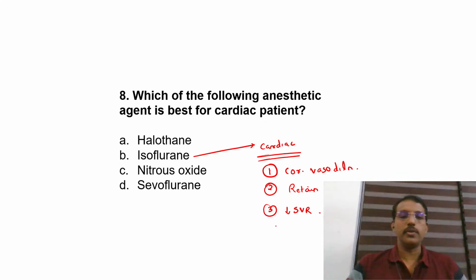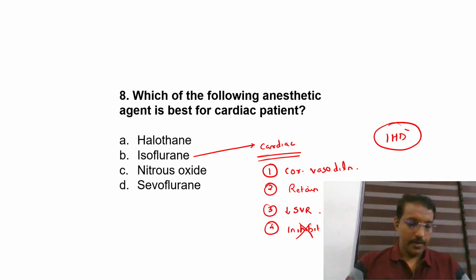So not an issue. And then it doesn't inhibit the cardiac contractility. So because of all these reasons, isoflurane is a choice in a patient with cardiac disease, especially ischemic heart disease patient.